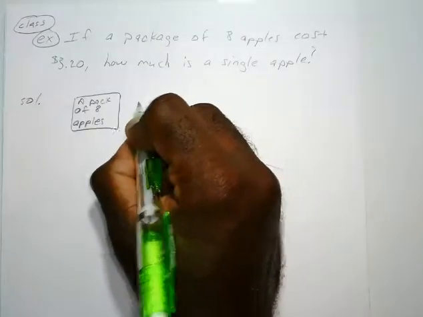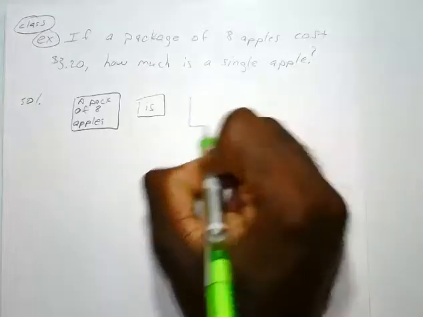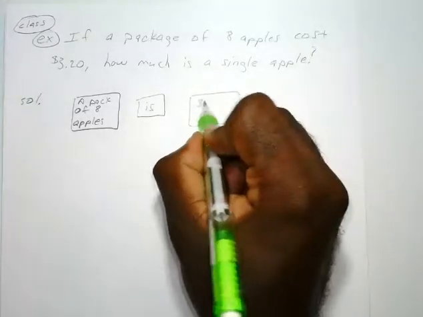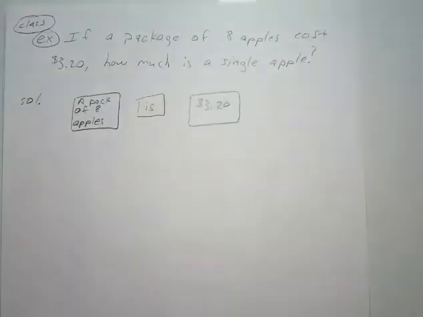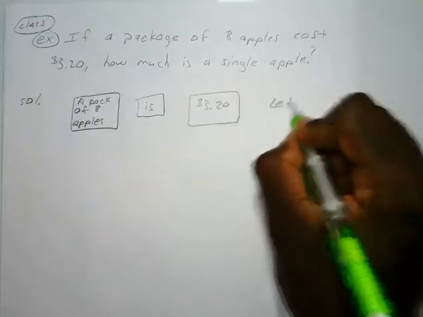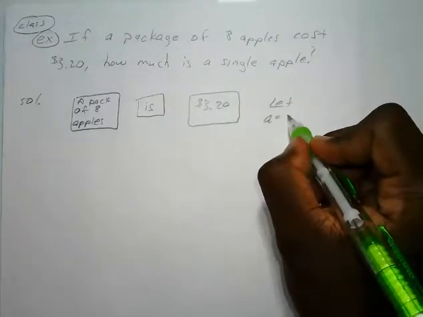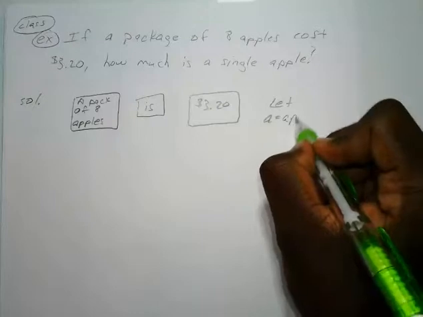So a package of 8 apples is $3.20. Okay, so that's where it sometimes helps to rewrite it. Let's say if we let A equal 1 apple, or represent apples.